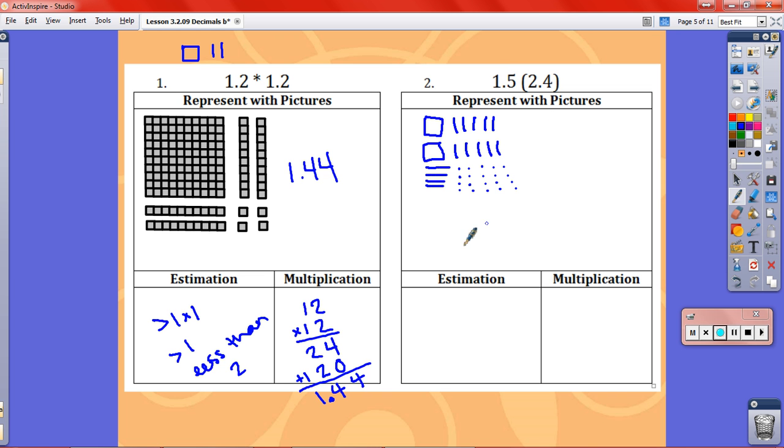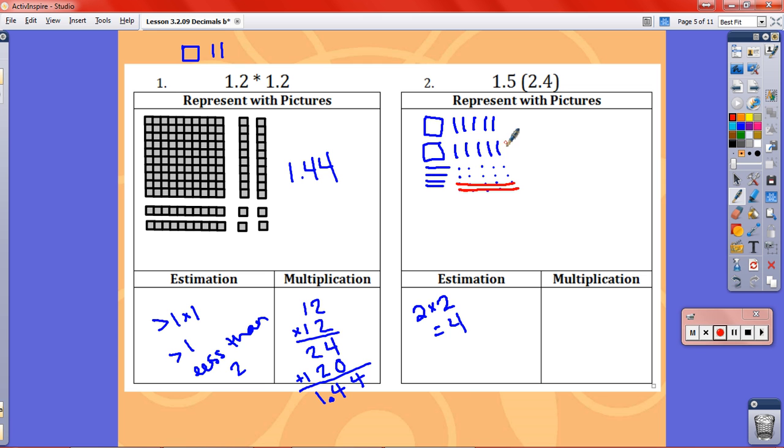Or I could say it's close to 2 times 2 is 4. My answer does need to be close to 4. Probably pretty close because I round up for this one and down for this one. So let's do the same thing as I did before. So that's 5, 10.